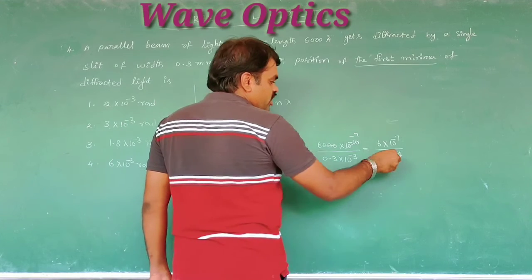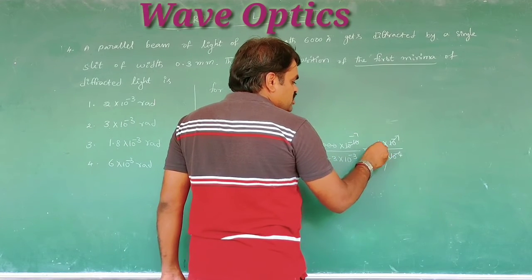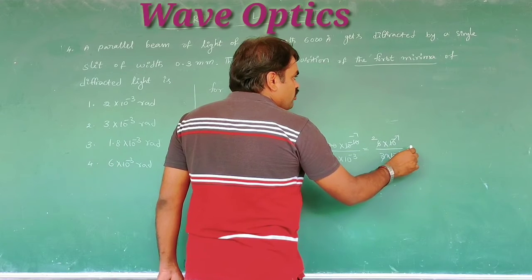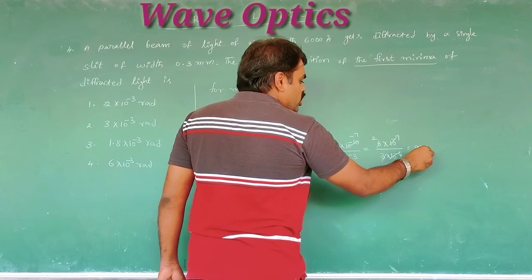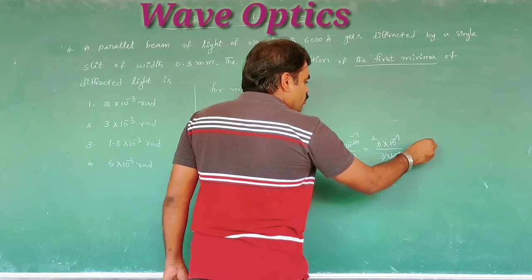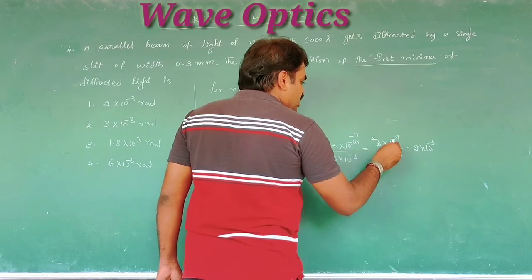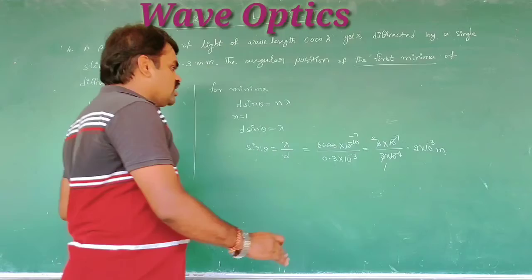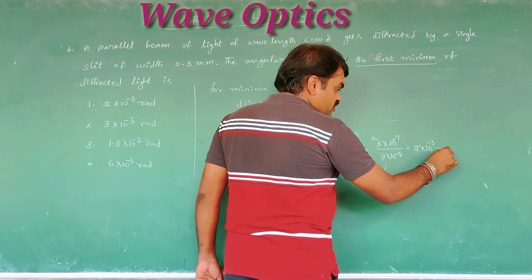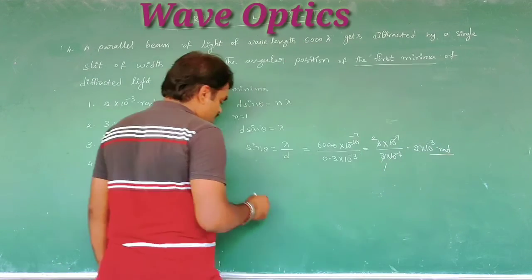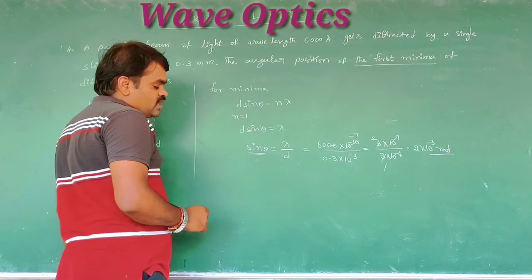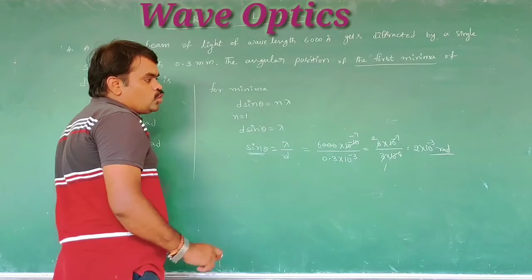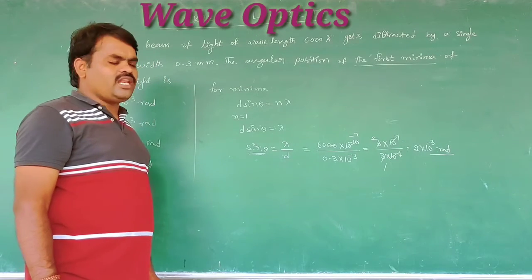Then we get 2 into 10 to the power of minus 3 meter. This is in radians, because it is the angle. So sin theta value is 2 into 10 to the power of minus 3 radians.